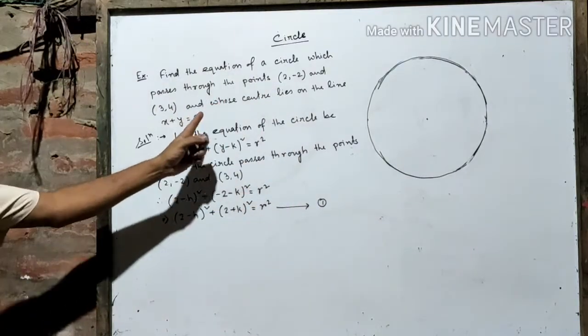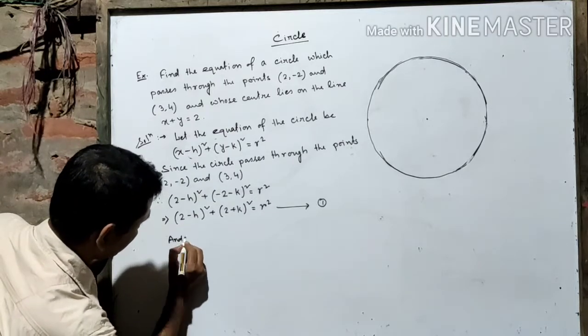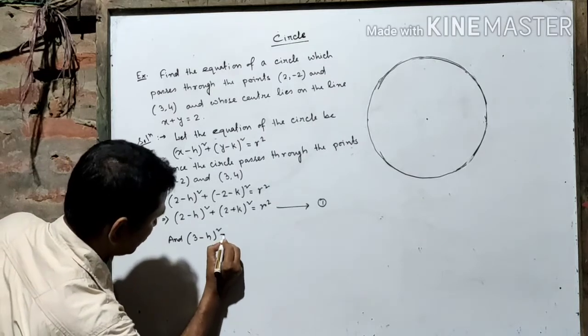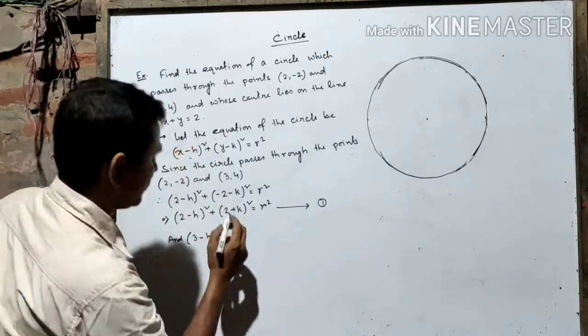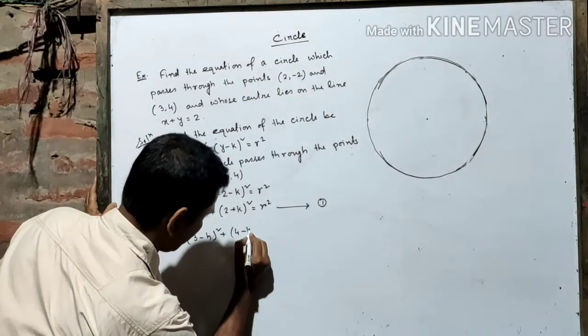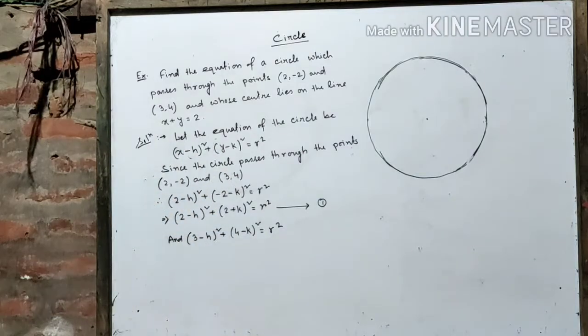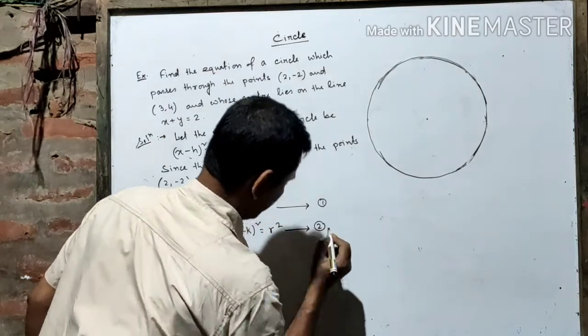Again, it passes through the point (3, 4), so we will get (3 − h)² + (4 − k)² = r². Okay, so this is our equation number 2.